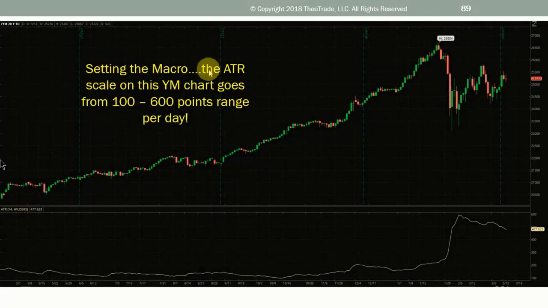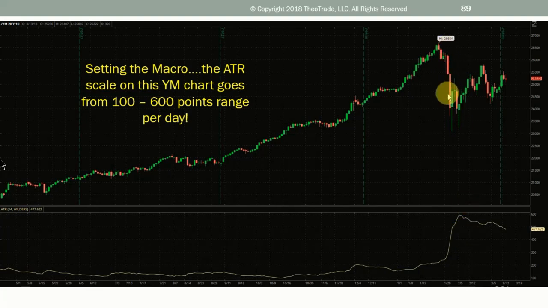Setting the macro: ATR, remember we talked about this before, the average true range. You can Google this, but basically it's saying how much range do we have. Look at this. In quiet and trending, the Dow was basically running about 100 points a day.